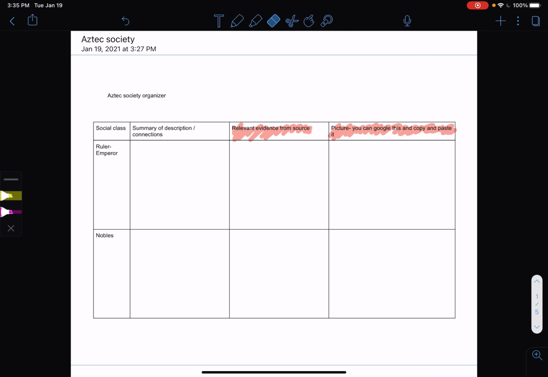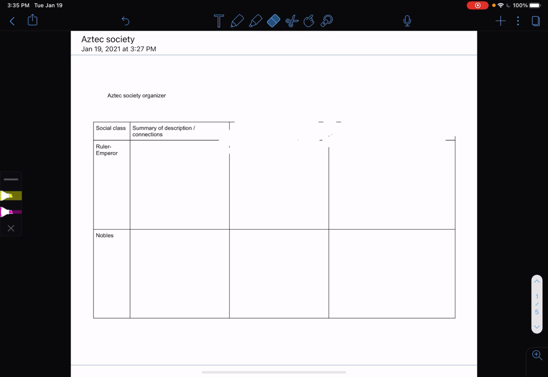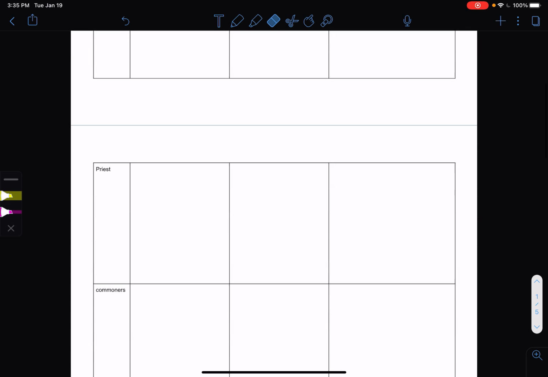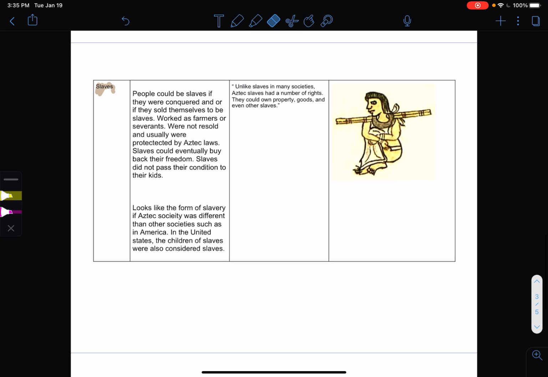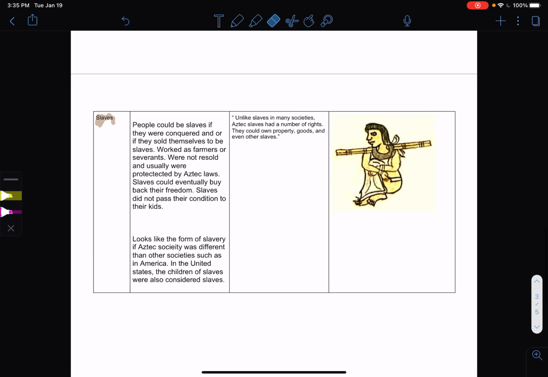Now, I'm going to show you what mine looks like. I've done one for you already, the slaves, and you don't have to do it again. My summary says people could be slaves if they were conquered or if they sold themselves to be slaves. For example, a person had a debt. They owed someone money, so they could be their slave until they paid that debt. Slaves worked as farmers or servants.